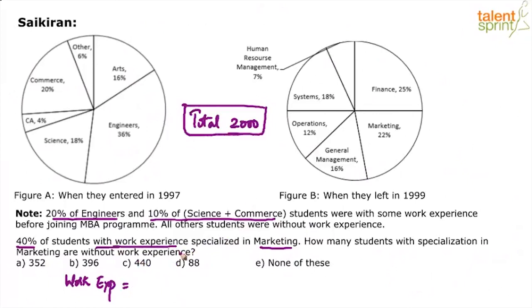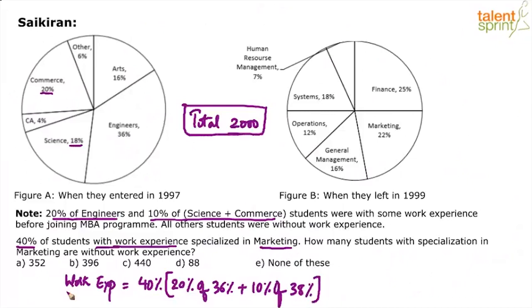How much is 20% of engineers? Engineers are 36%. Science and commerce is 18 and 20, so 38%.